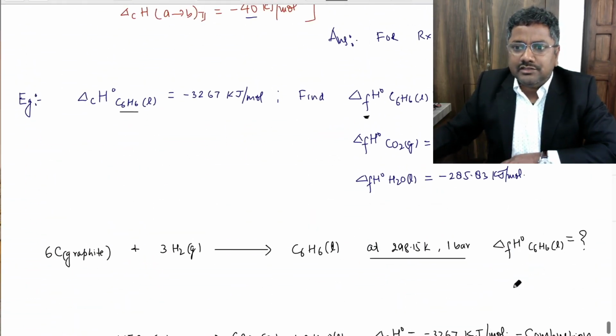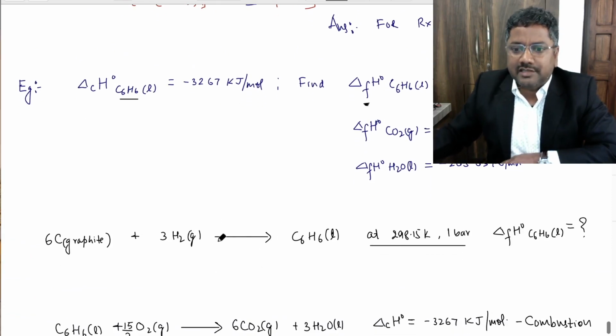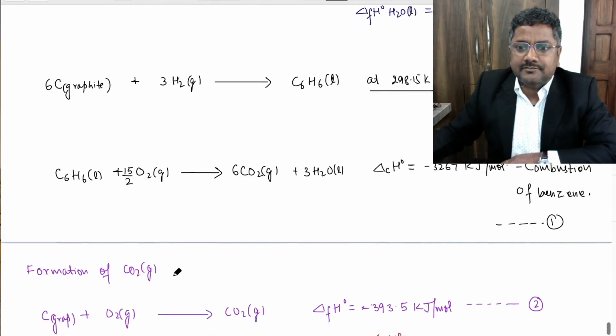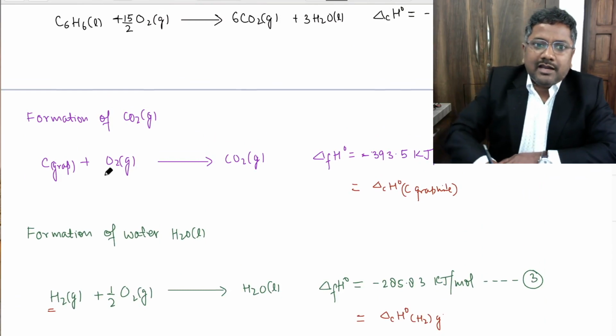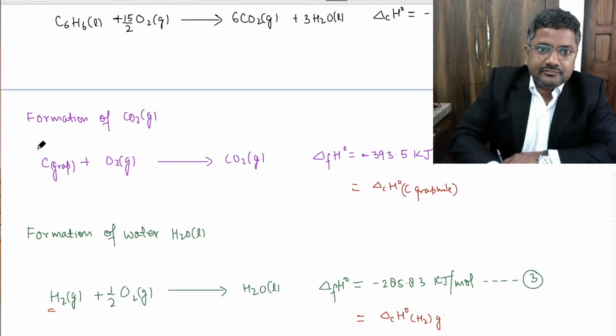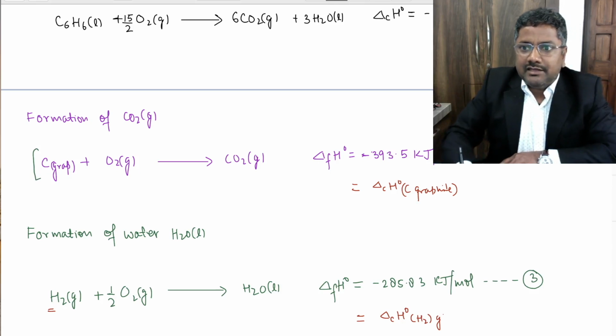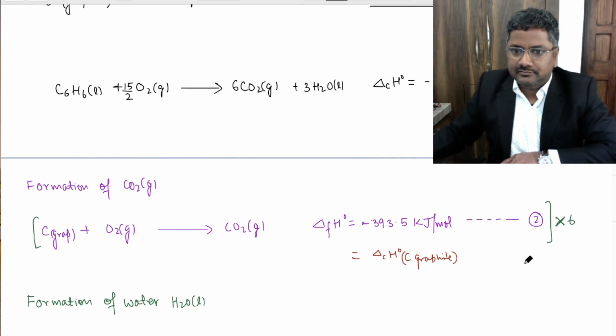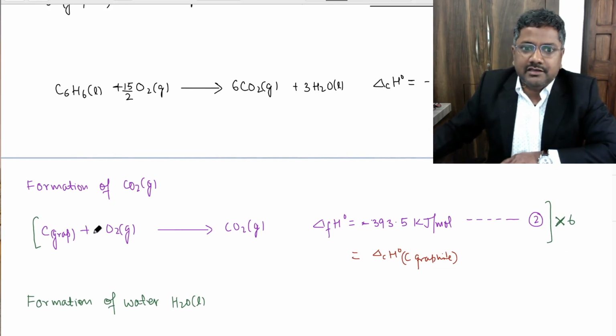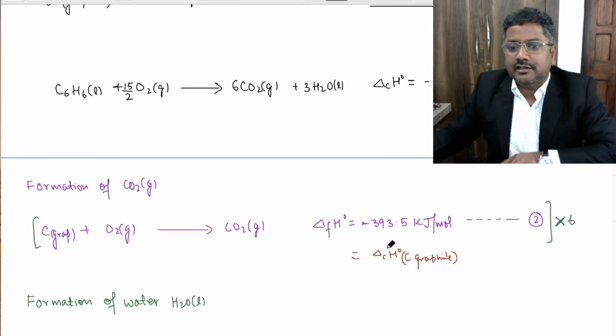By using these 3 equations, you have to derive this equation. In this equation, the coefficient of carbon graphite is 6. You are getting carbon graphite in equation 2, so you multiply this equation with 6, six here, six here, six here, and six here also.